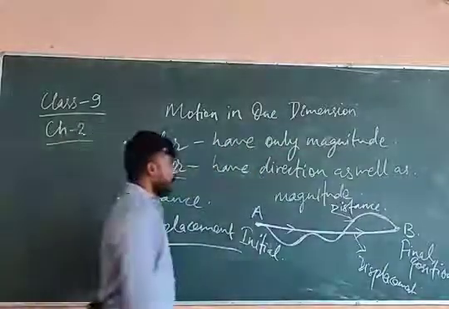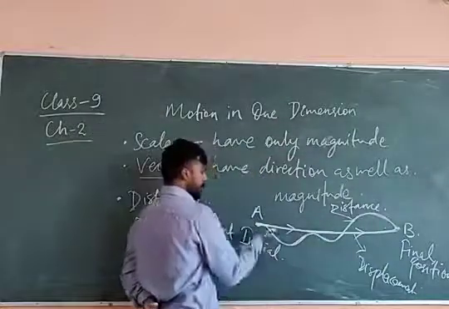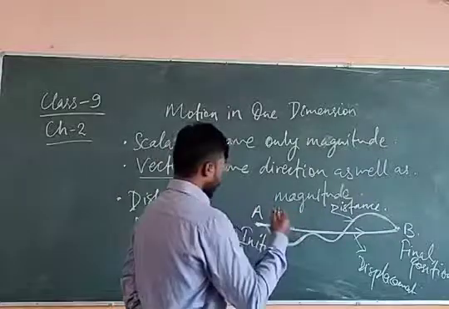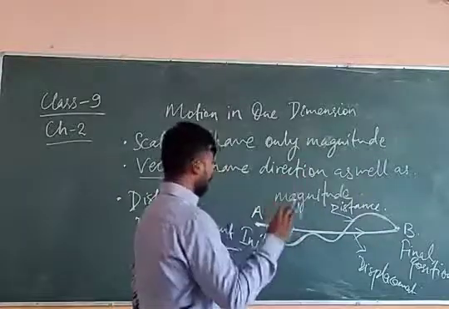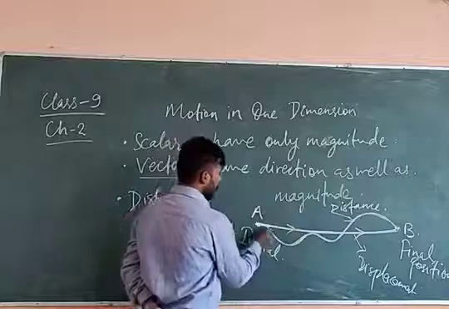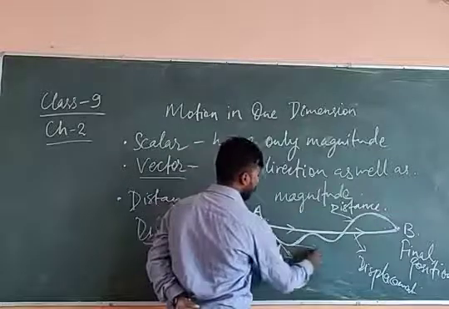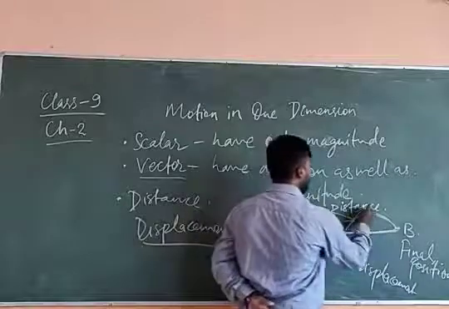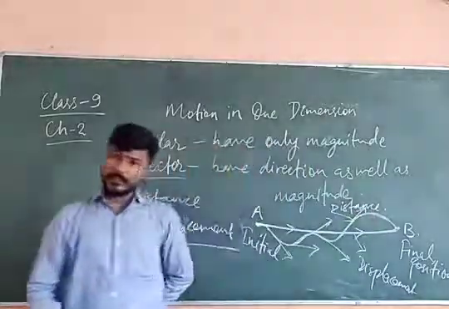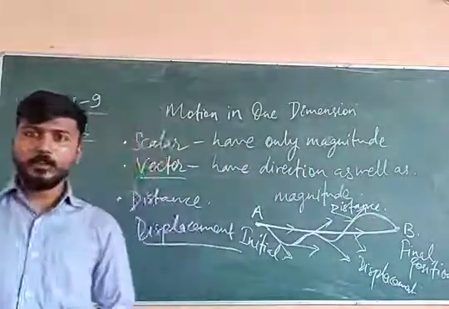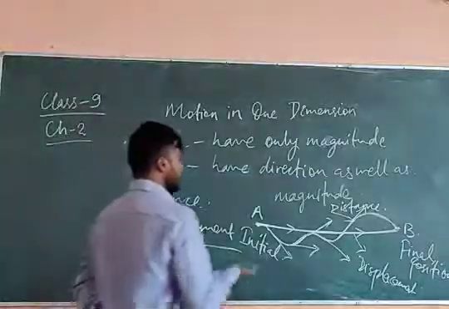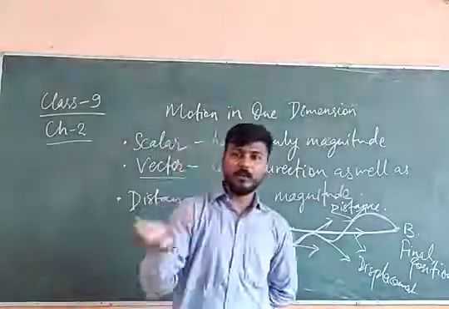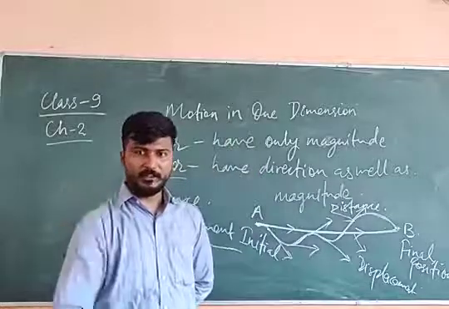Clear? Distance has no direction because it has a large number of directions. Here the direction of the body is in this direction, here in this direction, and here in this direction. A lot of directions in distance. So we cannot recognize the main direction of the body when it travels on a curved path over a long distance.